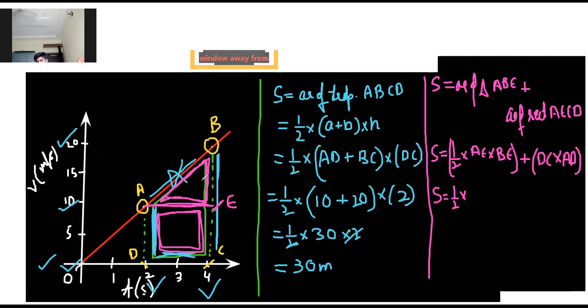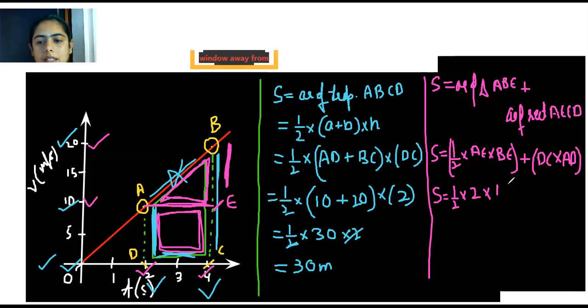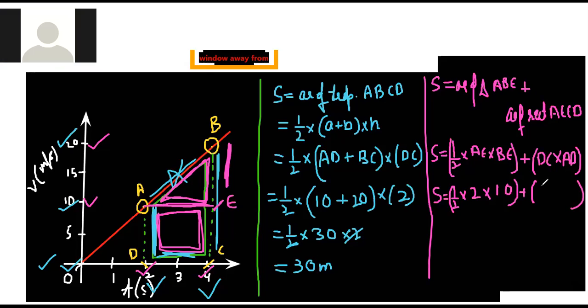What is the value of AE? AE starts from 2 and goes till 4. So 4 minus 2 is 2. Multiply by BE. BE goes from 10 till 20. So 20 minus 10 is 10. Plus area of rectangle, DC. DC goes from 2 till 4, so it is 2.